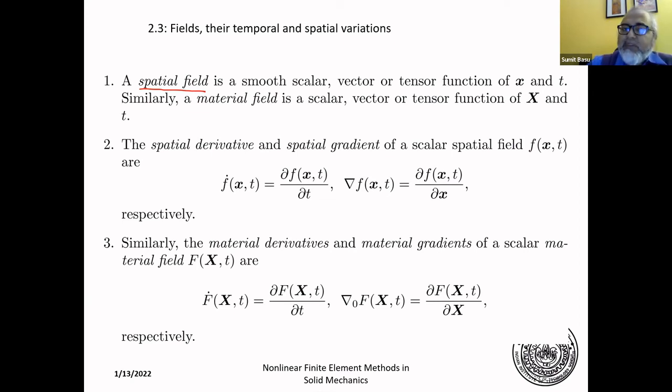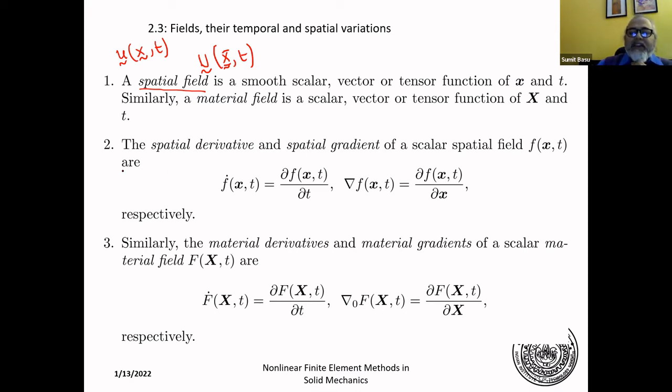We will also deal with a lot of material fields, which are functions of capital X and t. We saw examples like small u of x, t is a continuously varying field which is a function of small x, and capital U of capital X, t is a material field. These are fields because these are continuous functions varying from point to point depending on the position.